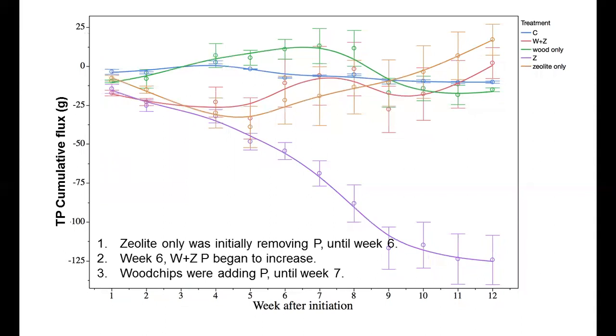So zeolite only was initially removing phosphorus until week 6, and then we suspect the coke formed and began releasing phosphorus, and the wood chips were adding phosphorus until week 7, when they probably had finished leaching all of their inherent phosphorus.